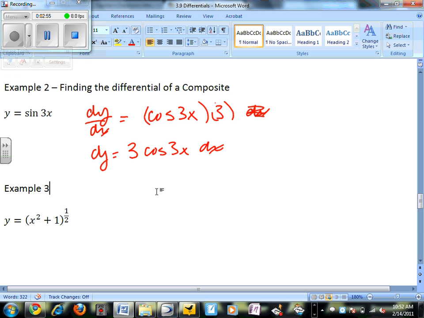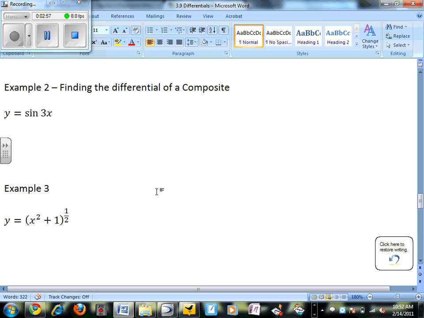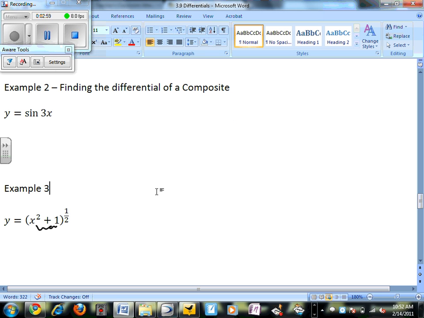And another example of the chain rule, notice we have a function inside of a function. So we have an inside and outside. Let's do the derivative of the outside first. So dy dx is going to equal 1/2 times x squared plus 1 to the negative 1/2 power. And then we have to take it times the derivative of the inside, which is just going to be 2x.